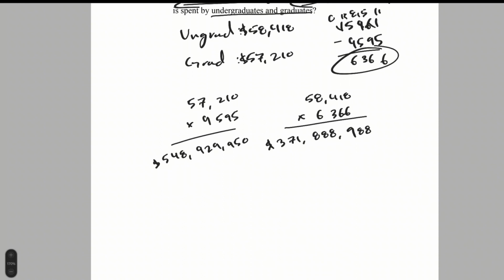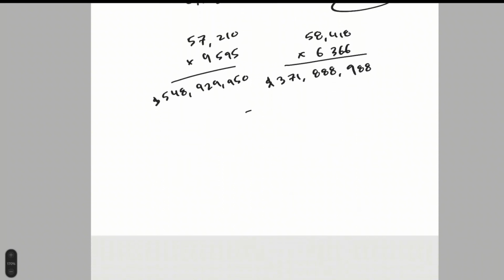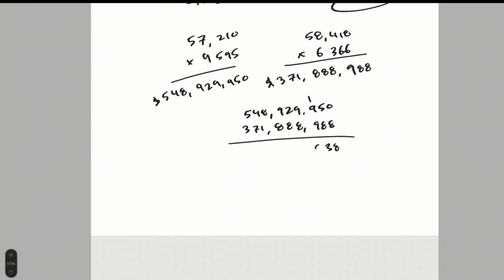So the question asks for in total how much money is spent by both undergraduates and graduates. So we will be adding these together. We'll just rewrite the number. Okay, so we will add this. 831918180, 2 1.